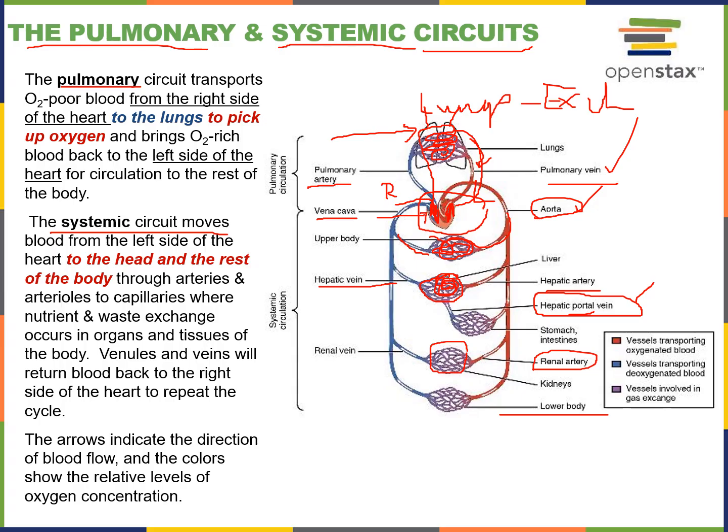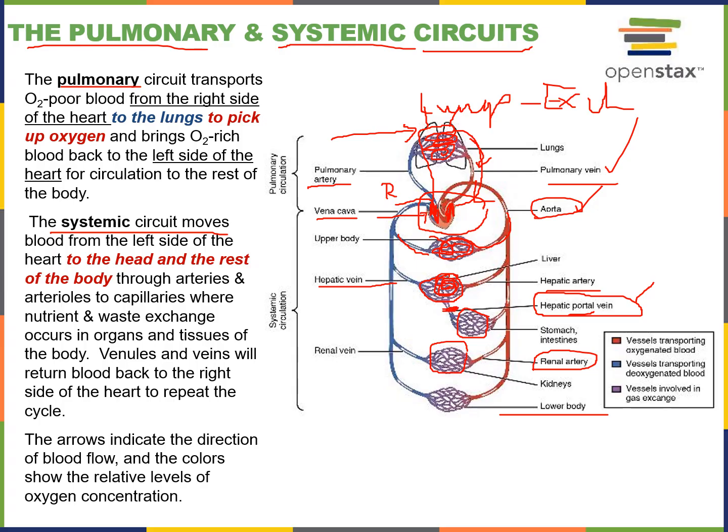There are only two portal veins in the body. One is in the head, and the other one is here. And what a portal circulatory system is, is blood flowing from one capillary bed to another capillary bed, like here. That's the portal vein right there.